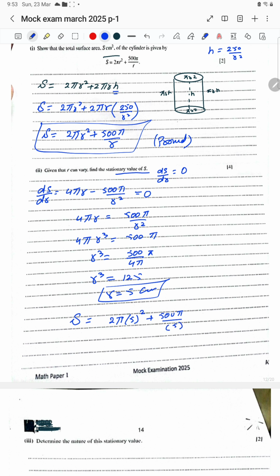In the calculator we can simplify it to get 150 pi, or 471 point something. In the calculator we can write 150 times shift pi, and we can write 471 and whatever comes, that's your answer, right? You can write your answer in centimeter square, because S is area.